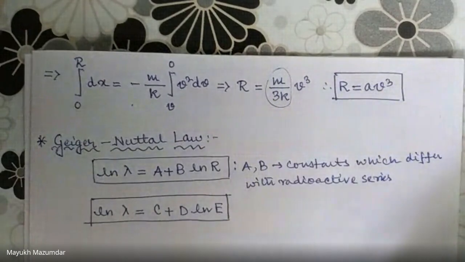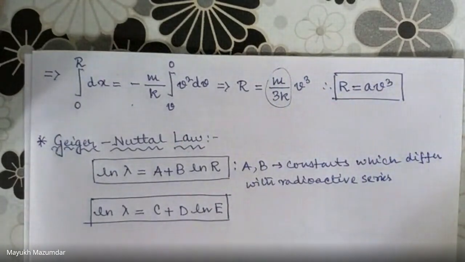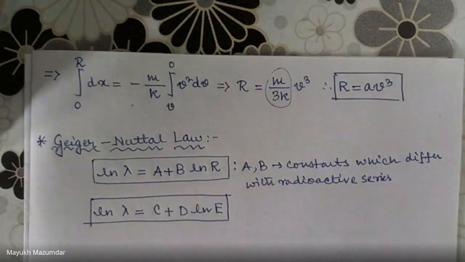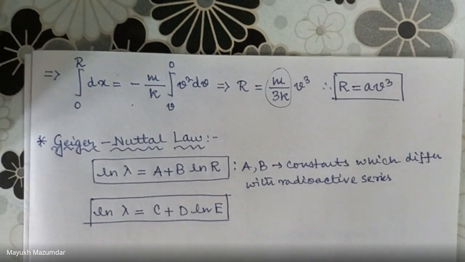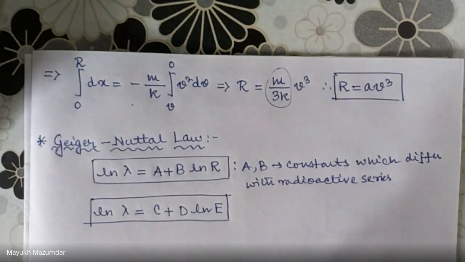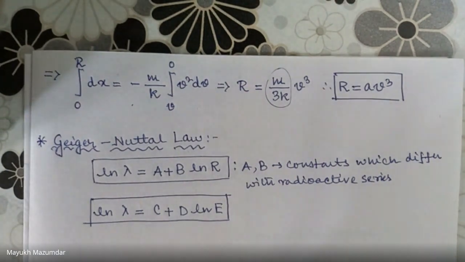Okay, these are the two forms of the Geiger-Nuttall law. So very important formulae these are. In the exam, suppose you are given only the range, from there you can write the expression of the decay constant.